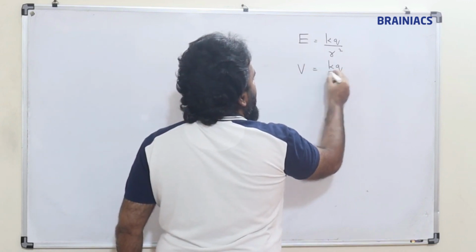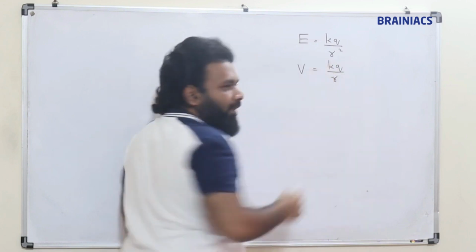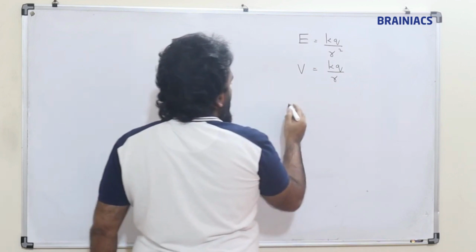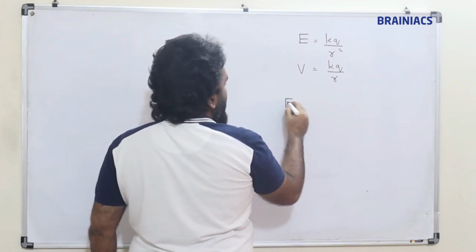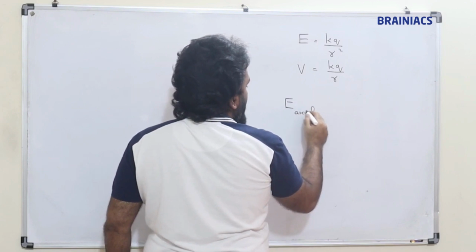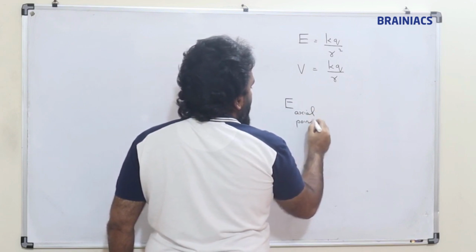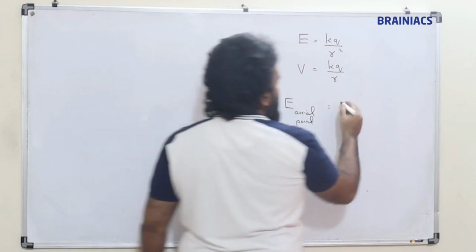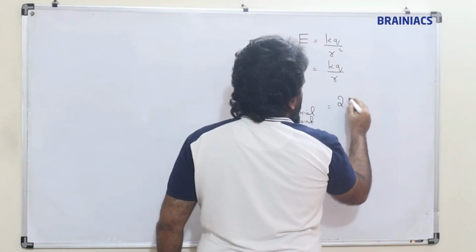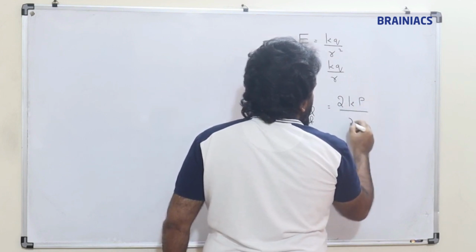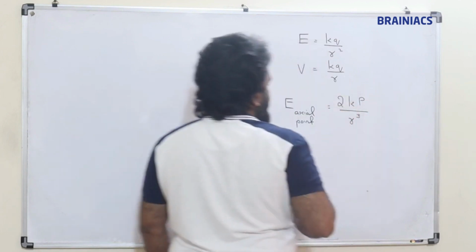This will become KQ divided by R. Now for electric field at axial point, the electric field at an axial point due to a short dipole is what? 2Kp divided by r cube.